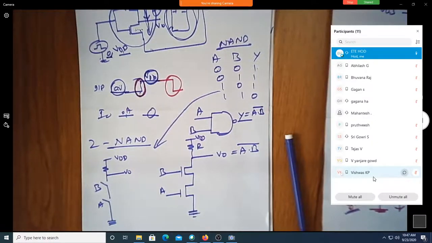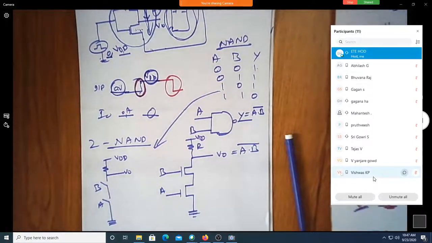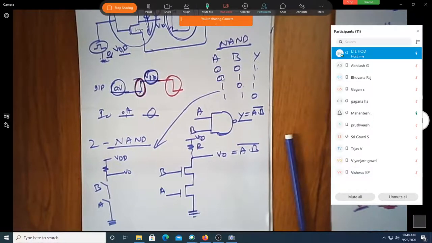If both the inputs are 0, 0, what is the output? How is the output high? Come on. Sir, A is open circuited. B is closed. No, B is closed. When it is 0, 0, tell me how the output is 1.